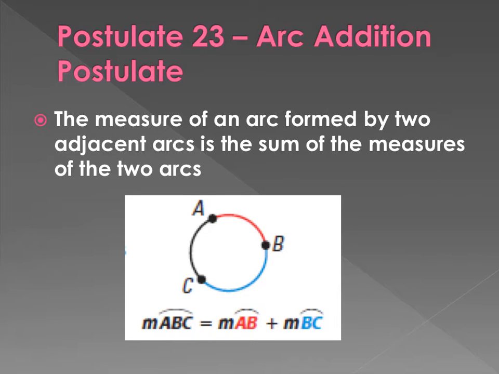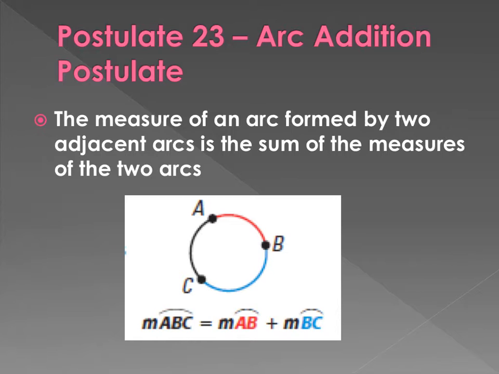Okay, arc addition postulate. So if you go back a ways, you remember we had segment addition postulate, we had angle addition postulate, which said if I take whatever the object is to begin with, the segment, and I break it down into its parts, I add those parts back together, I get the whole. Same exact thing applies to arc. So the arc addition postulate says the measure of an arc formed by two adjacent arcs is the sum of the measures of the two arcs.